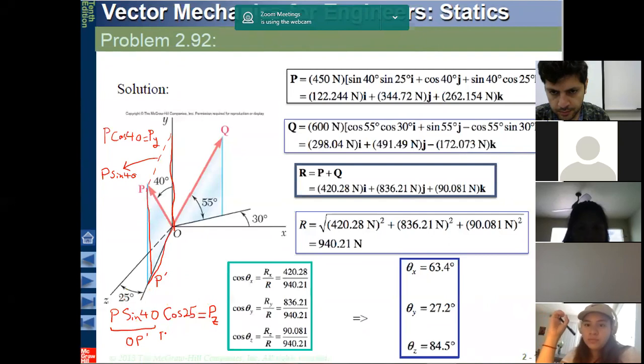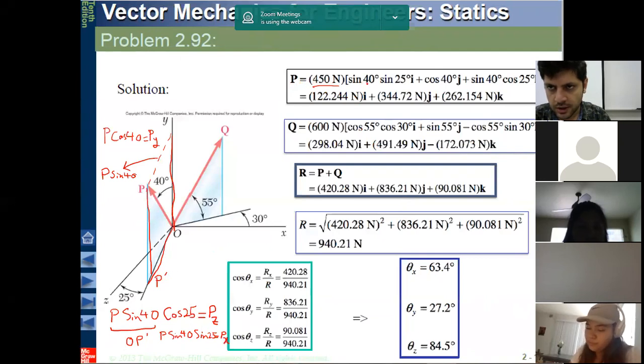So similarly, if I write P sine 40 sine 25, then it would give me px. So now I have all the three components. So 450 here on the top is the magnitude of the force.